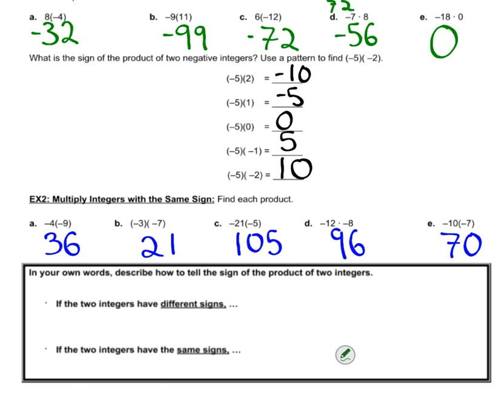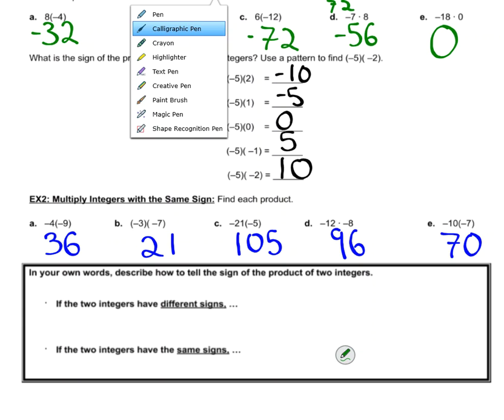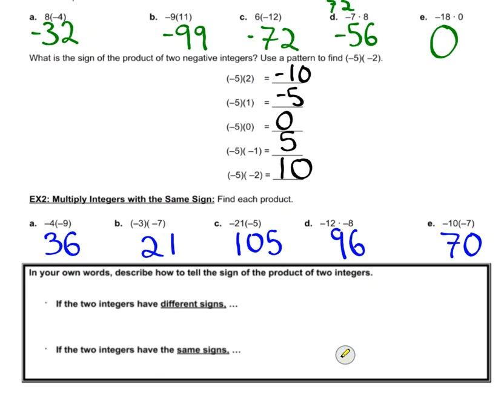Notice that sometimes, like in example B, we have parentheses around both of these terms. And in example A, we have parentheses around just one of the terms. And in example D, we have no parentheses.